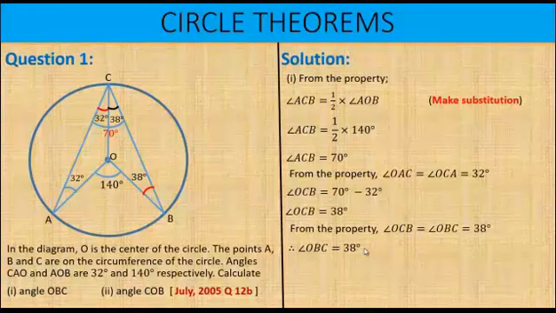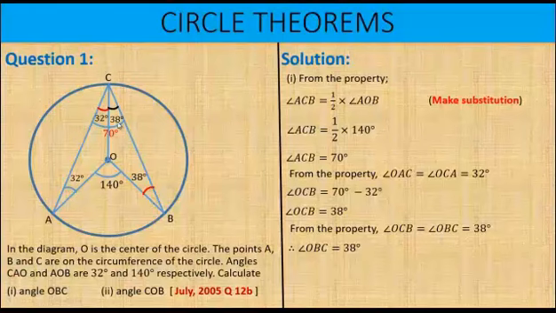Let's move on to the second question, which is angle COB. That is the center angle for the triangle COB. Now, we know that each of the base angles is 38 degrees.